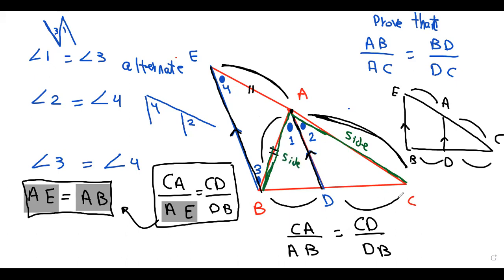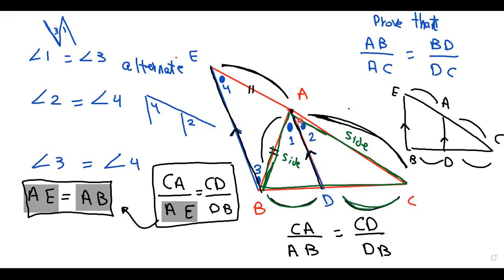Is equal to CD. This is the base, as you see, over DB. So we reach a conclusion, which is about the angle bisector. This is the angle bisector.